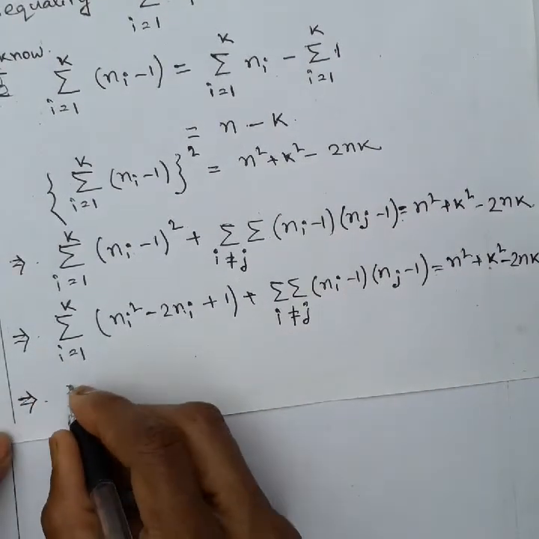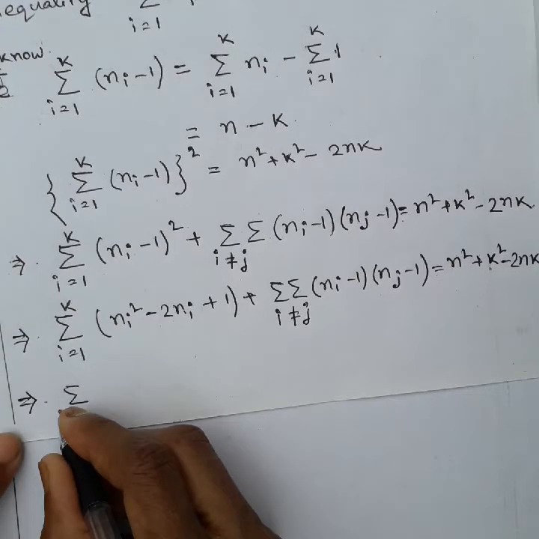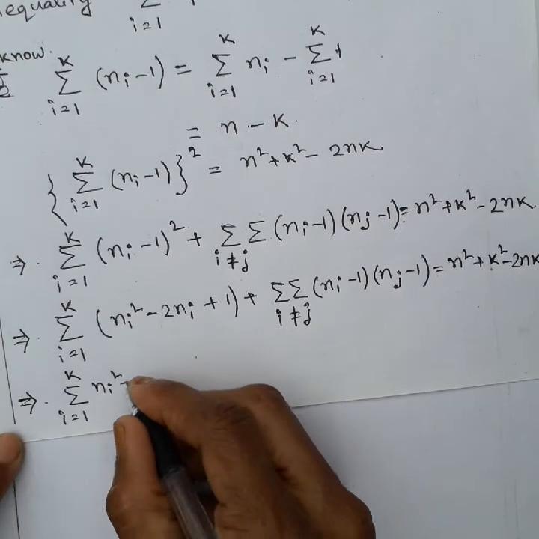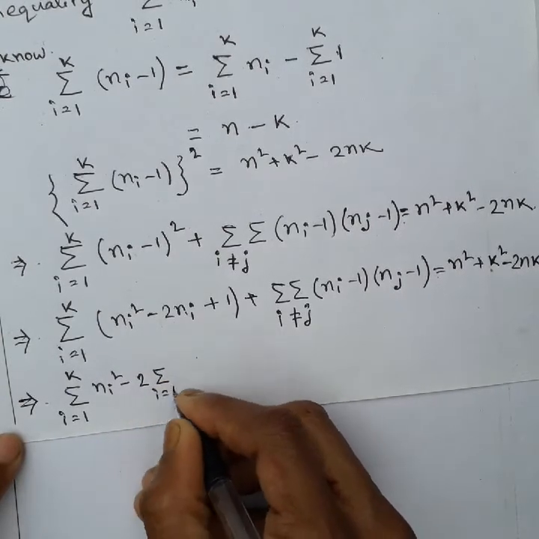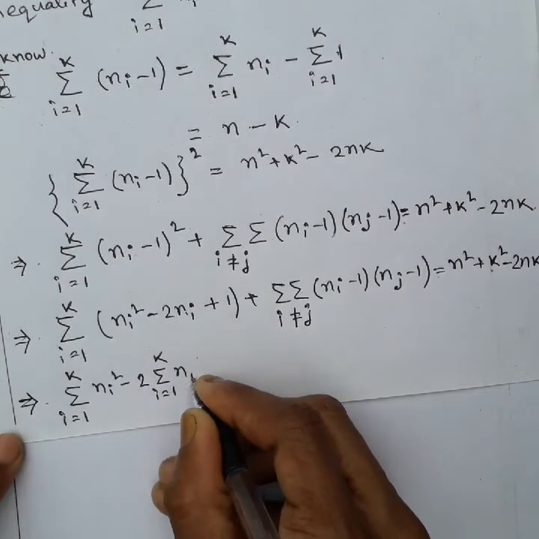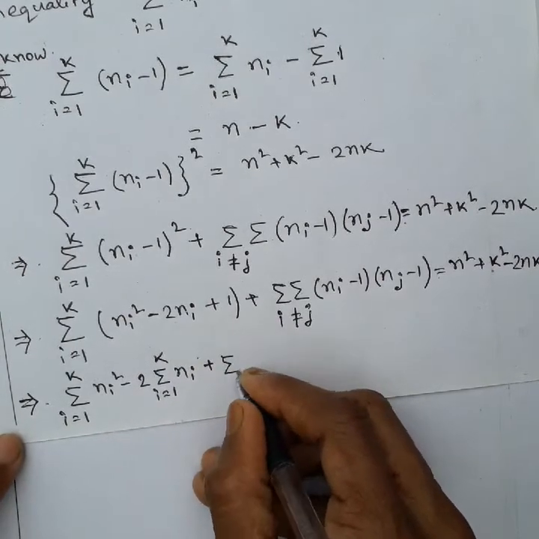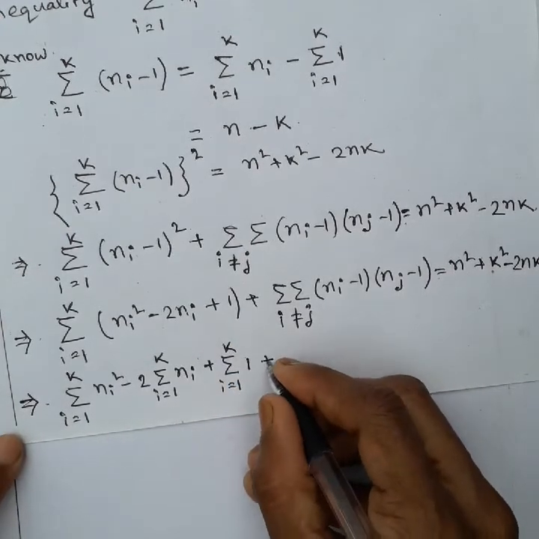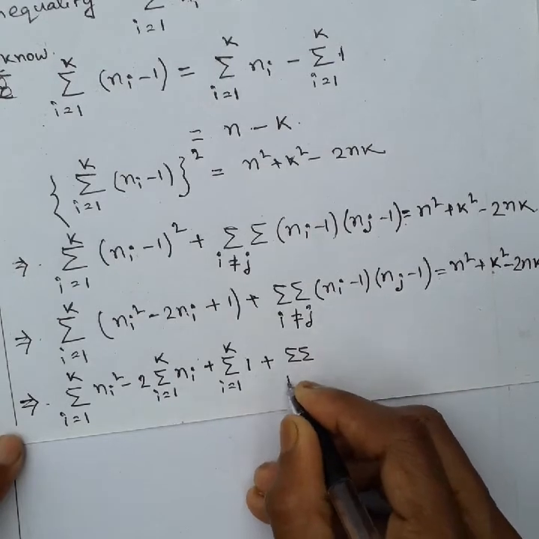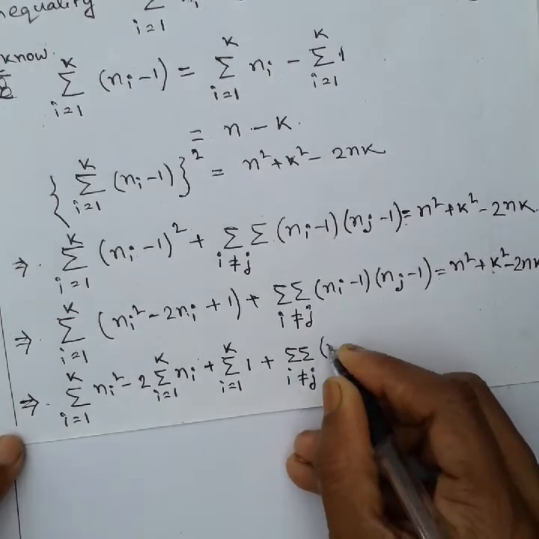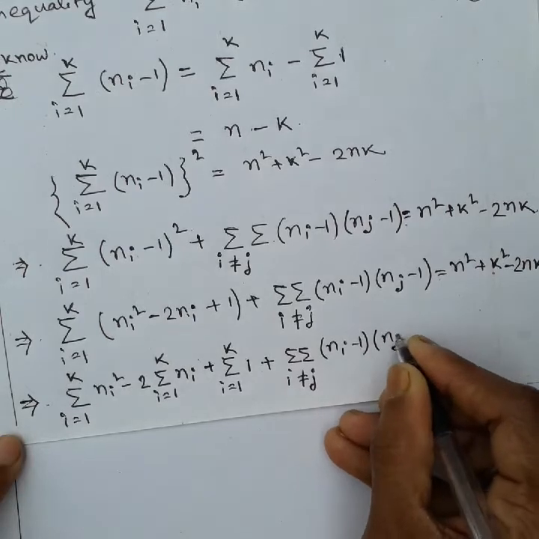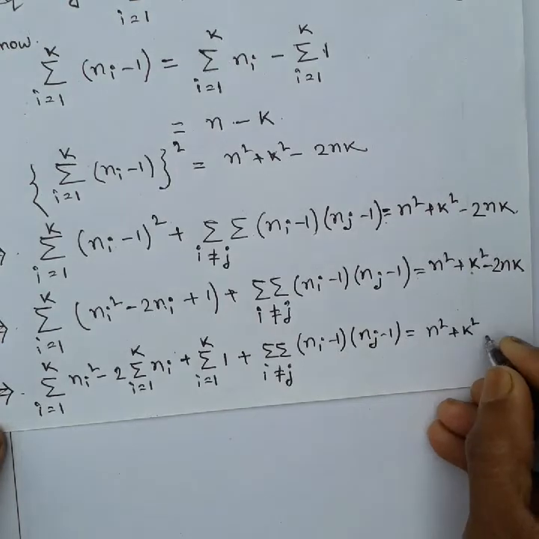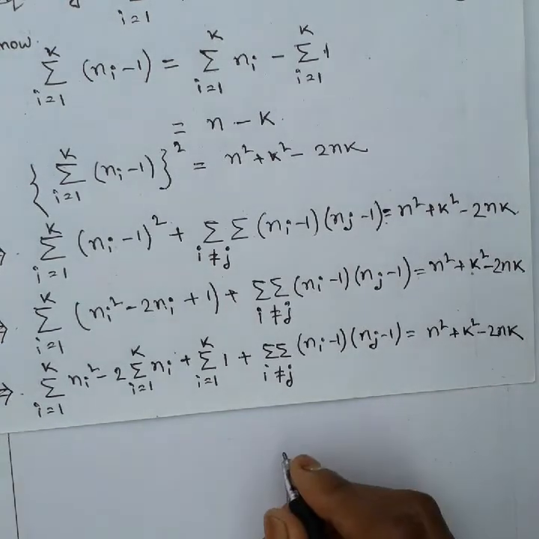Okay, now if we split this one, this will be summation of i equals 1 to k of ni square minus 2 into summation of i equals 1 to k of ni plus summation of i equals 1 to k of 1 plus double summation i not equal to j of (ni minus 1) into (nj minus 1) equals n square plus k square minus 2nk.